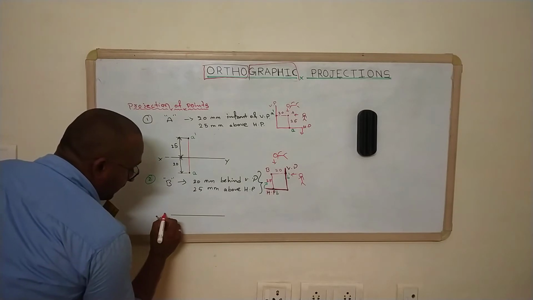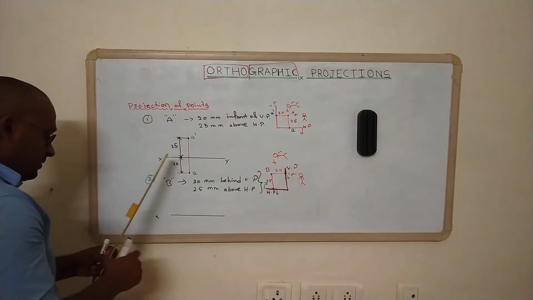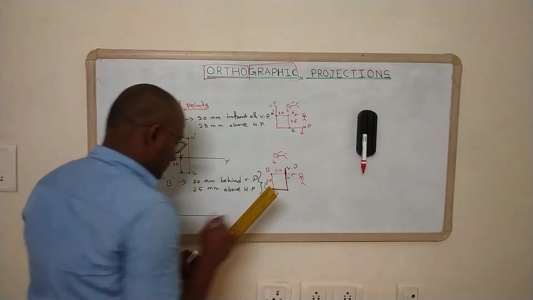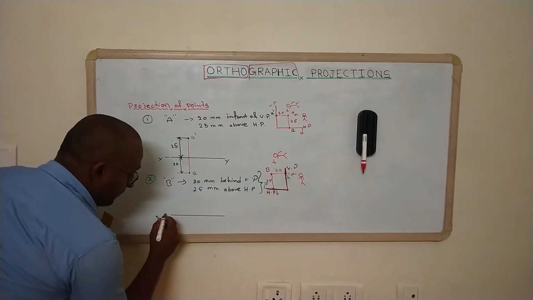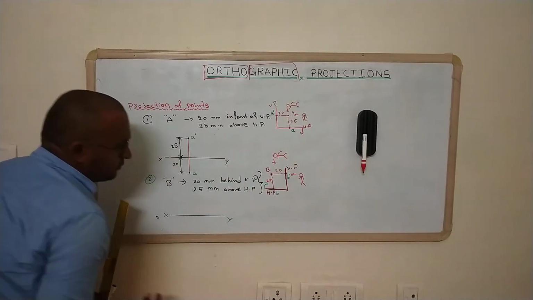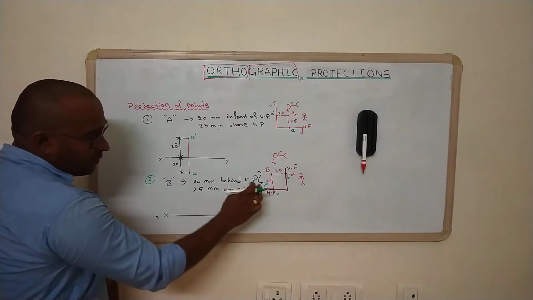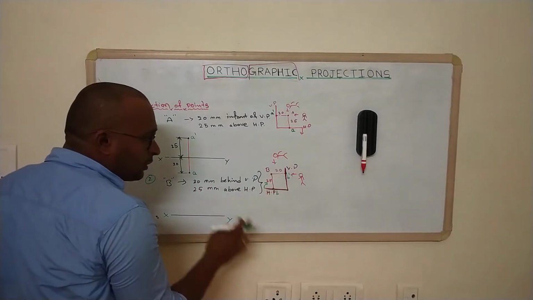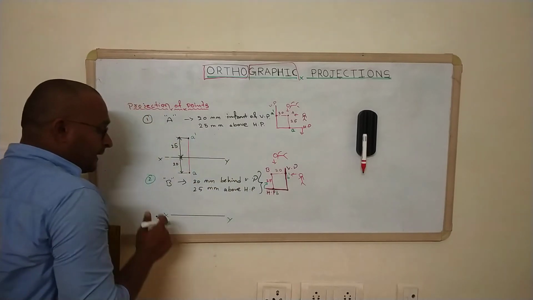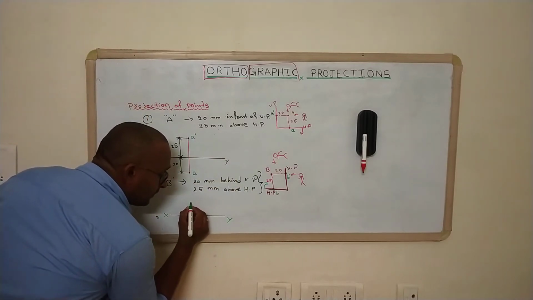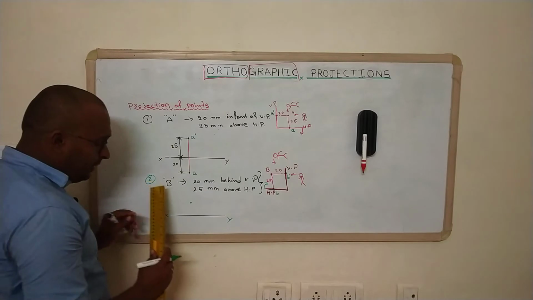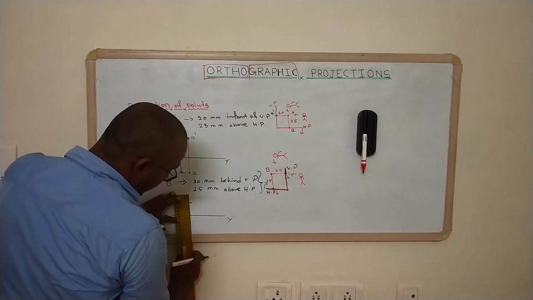Let us say initially we must draw an XY line. Then I said that both front view and top view will lie above the XY line. So initially we should mark the 20 mm and 25 mm.